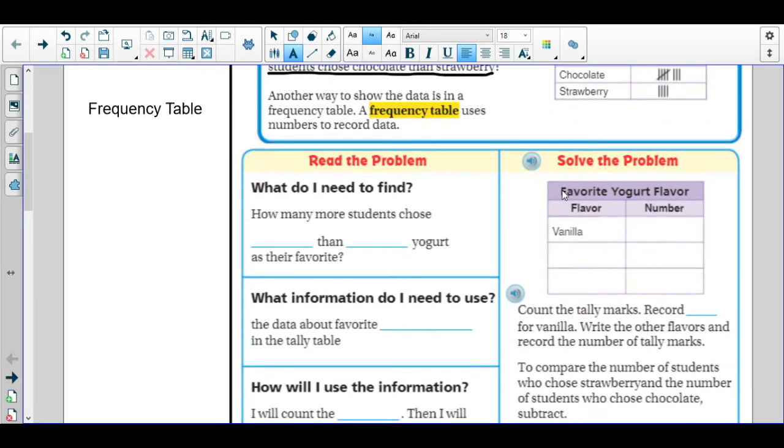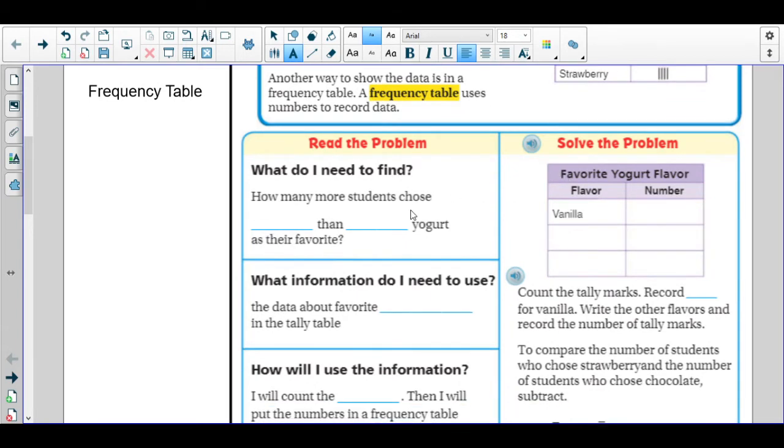So here we go. What do I need to find? Well, I need to find how many more students chose chocolate than strawberry yogurt as their favorite. What information do I need to use?